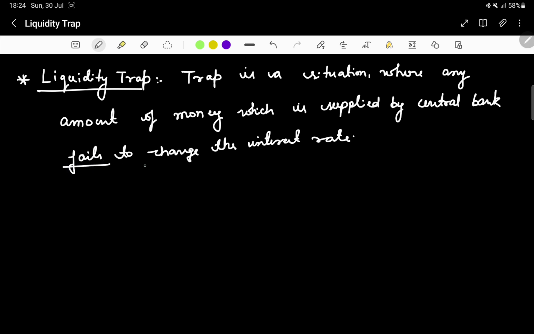That is, it fails to change the interest rate.